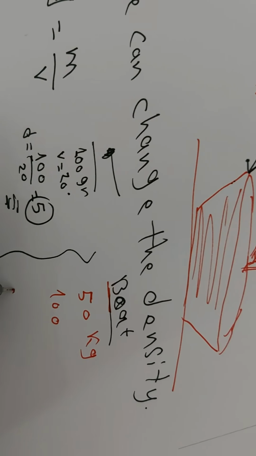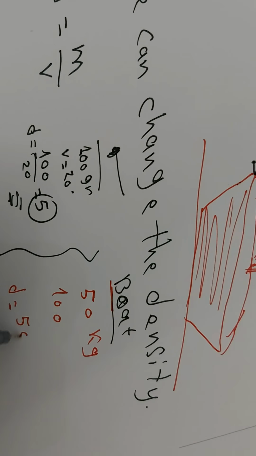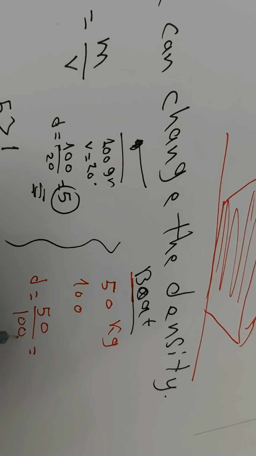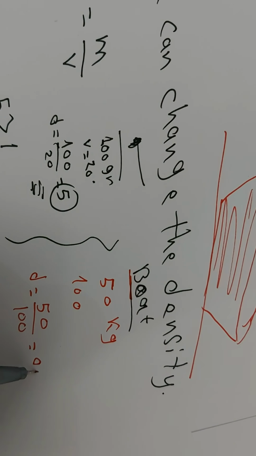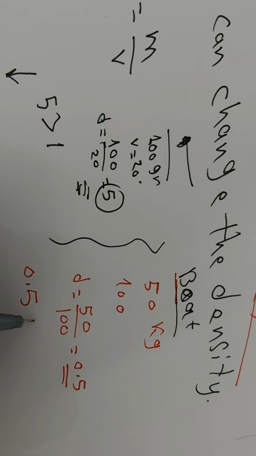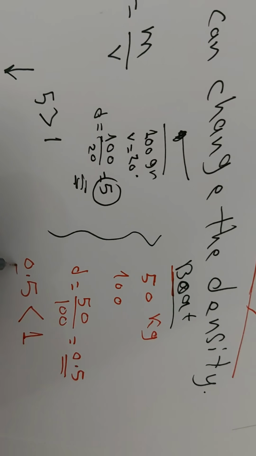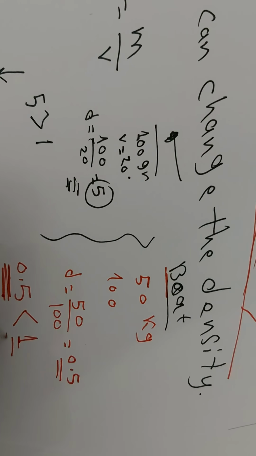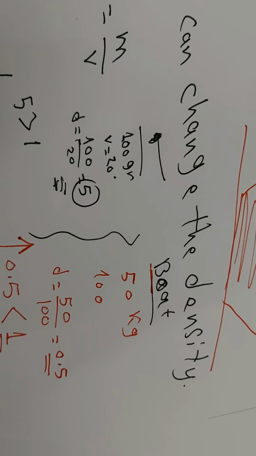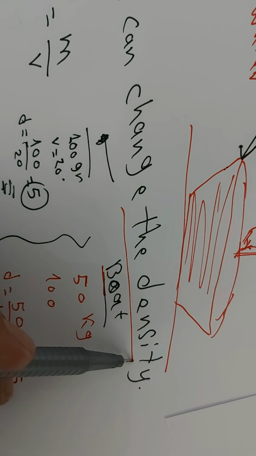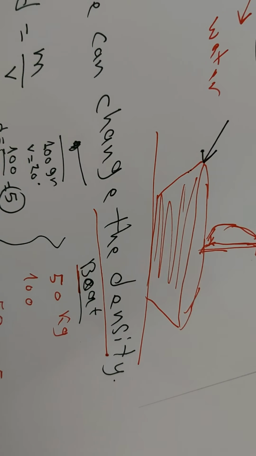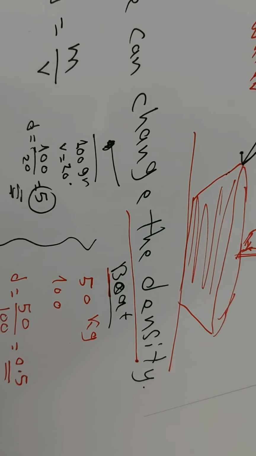Now the density equals mass divided by volume, so it equals 50 divided by 100 equals 0.5, and 0.5 is less than 1. So the density of this boat is less than the density of water, so it floats. So we can change the density. How? By changing the volume. If you make the volume greater, the density will be lower.